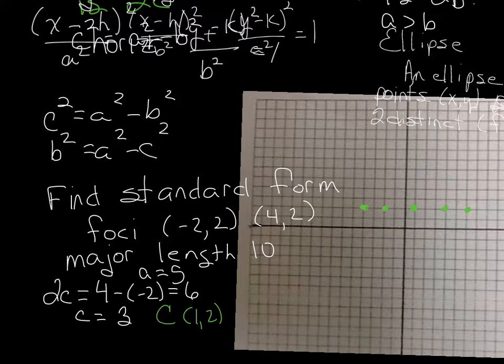He's right. 25 minus 9 equals 16, so b squared is 16, and b is 4. So if I want to graph, from the center we can go up 4 and go down 4. So now we could actually graph our ellipse.